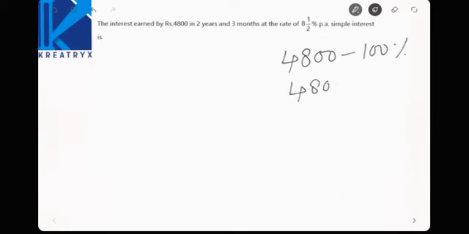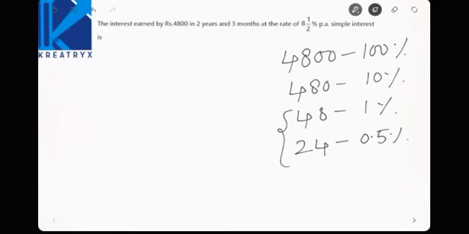480 is how much? 10%. 48 is 1%. 24 is how much? 0.5%. Am I right? Now add those two, that will lead to 72. This is nothing but 1.5%.